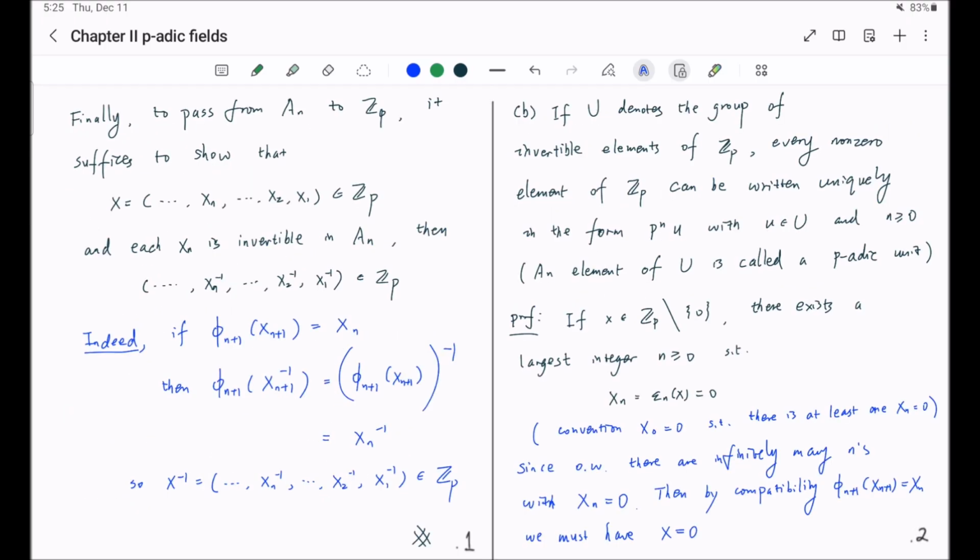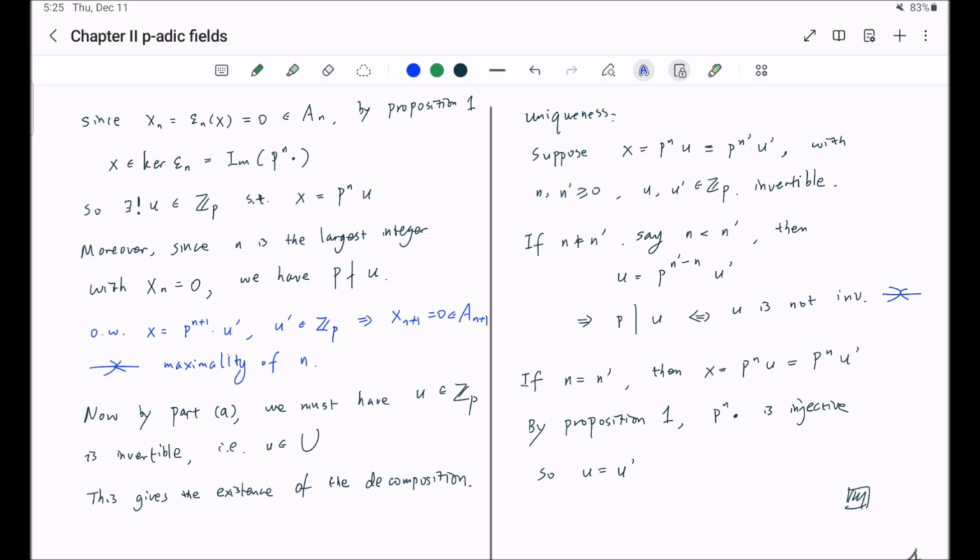Recall, in the proof of proposition 2, we take n to be the largest integer such that the nth component of x is equal to 0. And we have shown that after picking this particular n, x will be equal to p to the n times u, where u is invertible. And this factorization is unique.